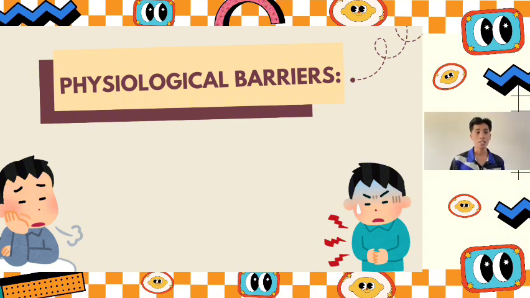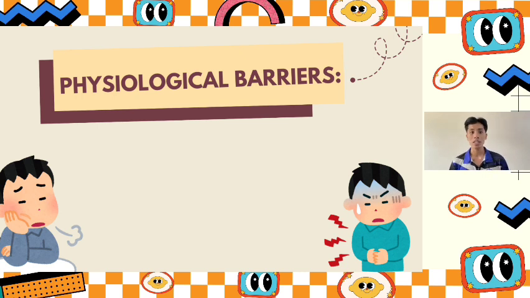So here are some examples of physiological barriers. First is health issues. Any illness or medical condition that affects hearing, concentration, or overall well-being can act as a barrier. So these could range from a simple headache to more serious conditions.